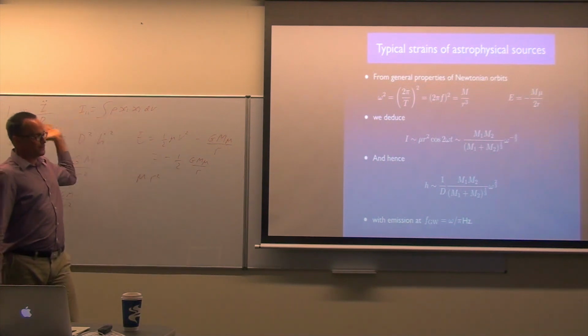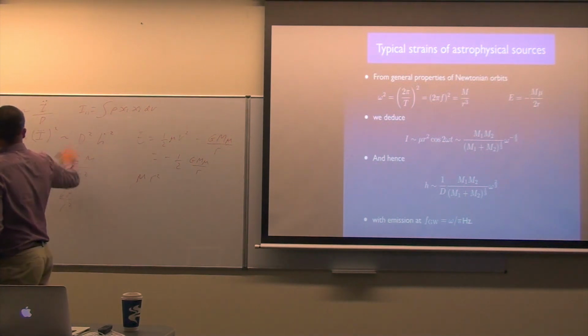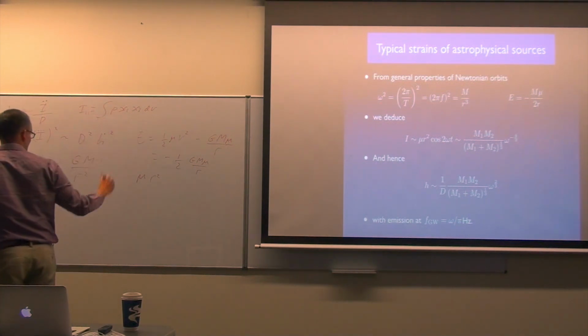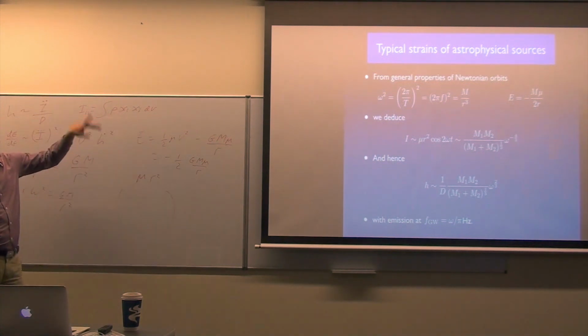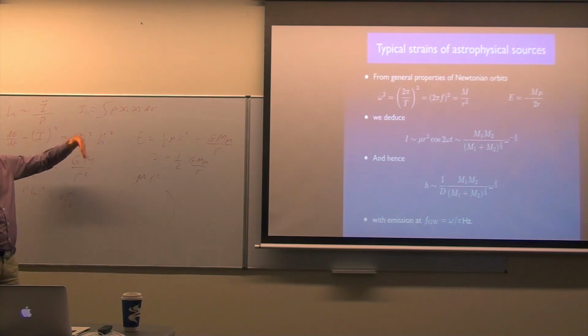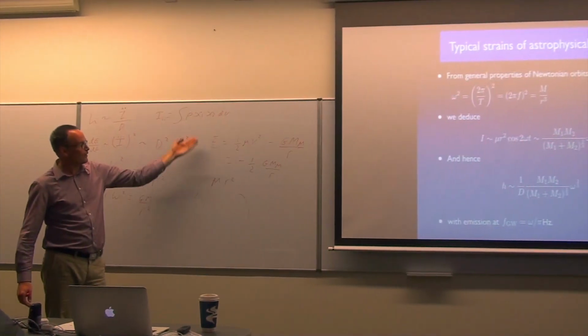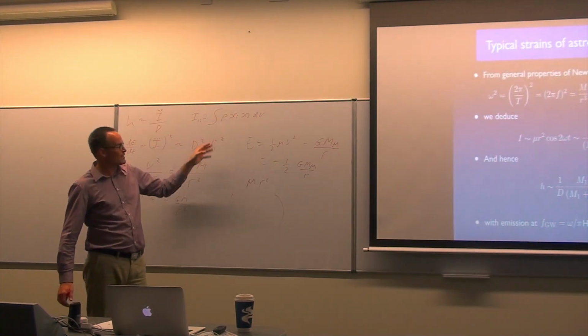It has to have a time dependence. We need to take time derivatives of it. The time dependence comes from the fact that it's a tensor and you have objects moving in circular orbits. So x and y, if you're in the plane of the binary, one is changing like cos omega t, the other is changing like sine omega t.